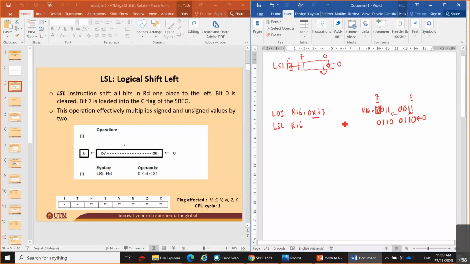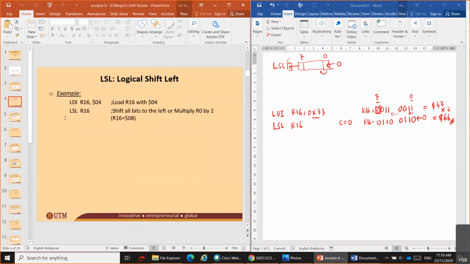This 0 will go to the C flag. So this is your R16 value. Now the R16 value is 66. Previously your R16 was 33. You see here, the LSL is used to multiply signed and unsigned value by 2. So 33 multiplied by 2, you will get 66. This is what the LSL does.